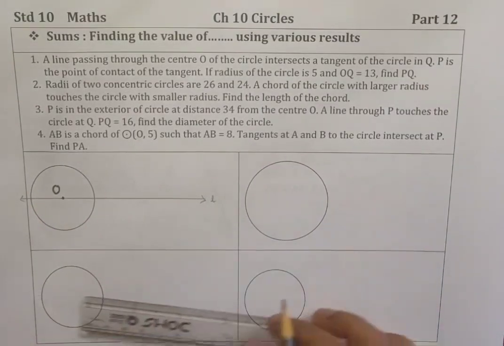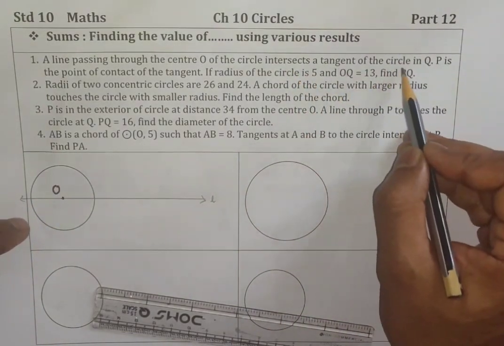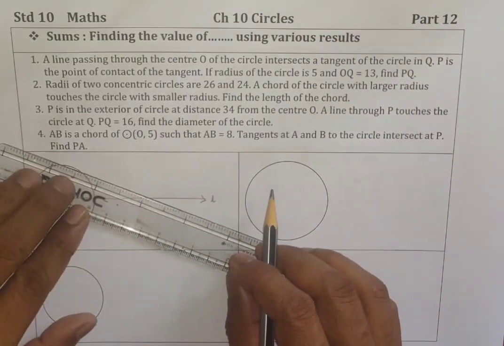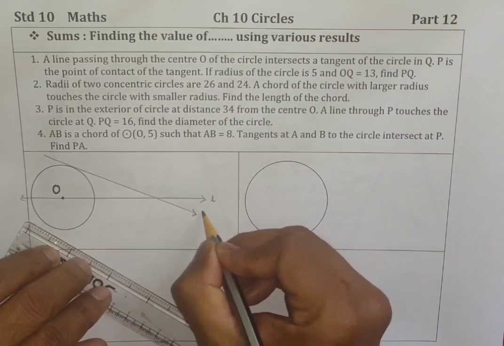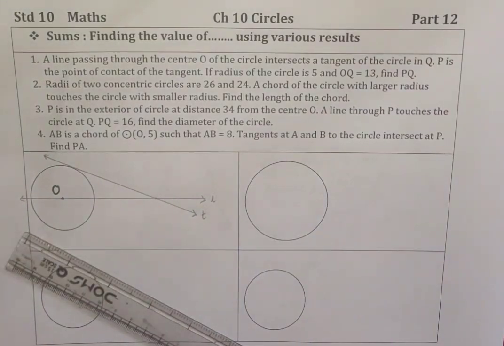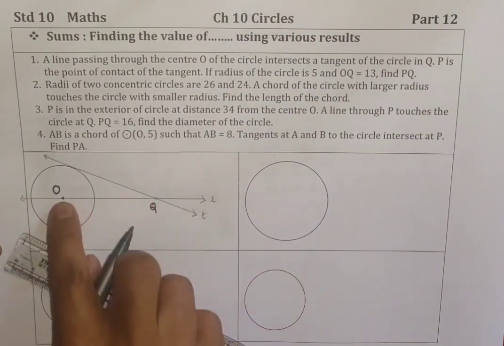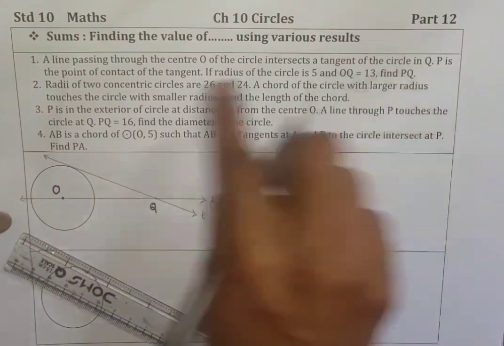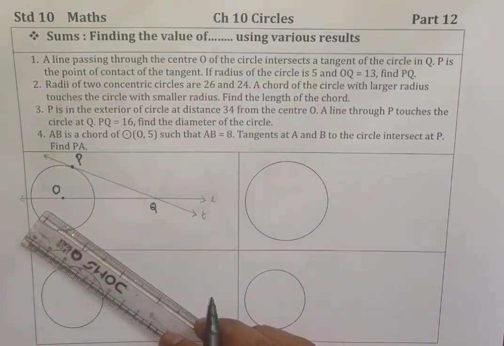Let me say it's line L. It intersects the tangent of the circle in point Q. Now I have to draw one tangent which intersects line L. Yes, this is tangent T, and it intersects in point Q. You can see L is a line passing through the center. It intersects the tangent in point Q. P is the point of contact. So here, this is the point of contact.